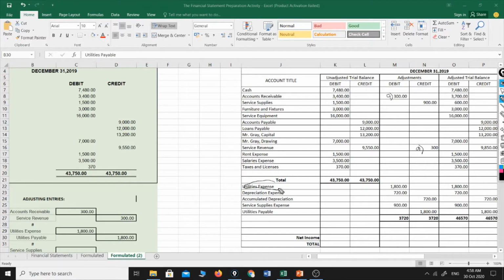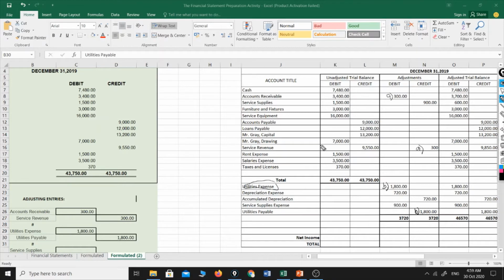So we have here utilities expense and then extend whatever the amount it was debited. So it is 1,800. So we debit 1,800 also. So we will just put it in here. This is letter B. And then its credit is utilities payable. So you check. Of course, upon examining our account titles, there is no account utilities payable. So we will put also here utilities payable. So we have letter B. Okay.